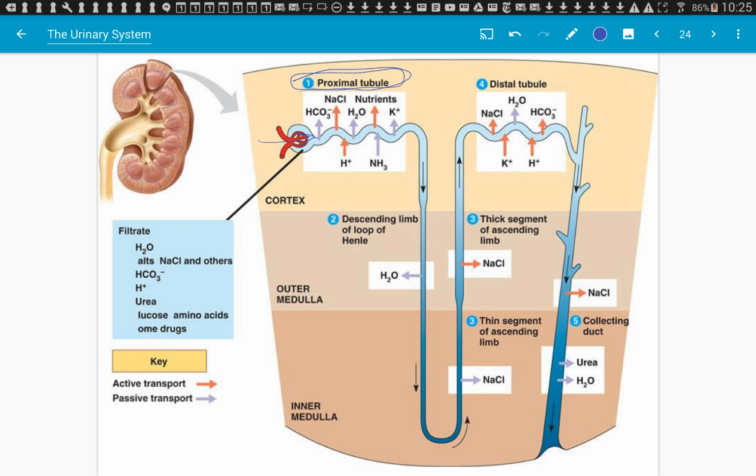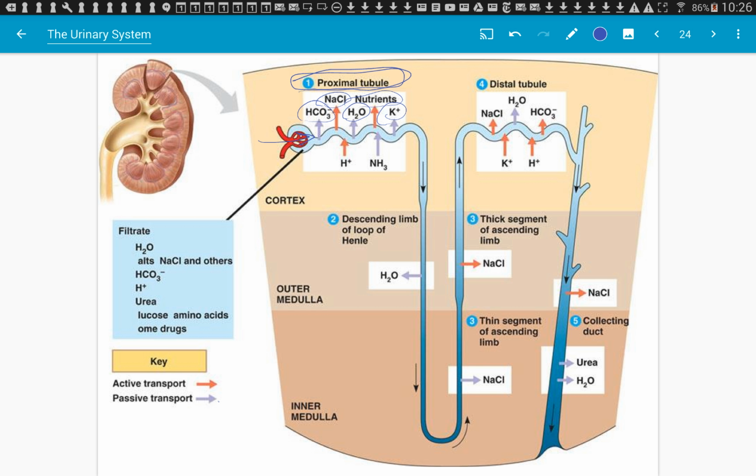So if we look at these arrows, active transport is in orange, passive is in purple. So we have bicarbonate that's passing through, water that's just diffusing through, potassium. So water, bicarbonate, and potassium are just diffusing back into the bloodstream. You do spend energy pumping sodium chloride, salt, and nutrients like proteins back into the renal blood supply because you want to keep that stuff.